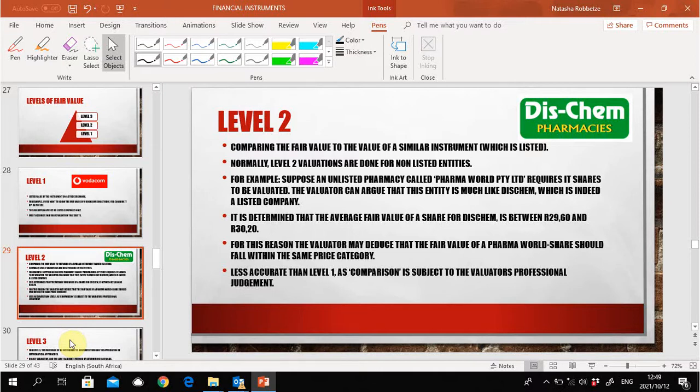You can't use Dis-Chem as a similar instrument, but it might have been another valuator's opinion that this is a good comparison. So that's why this is less reliable than level one, because it really depends on the valuator and how they interpret this comparison.